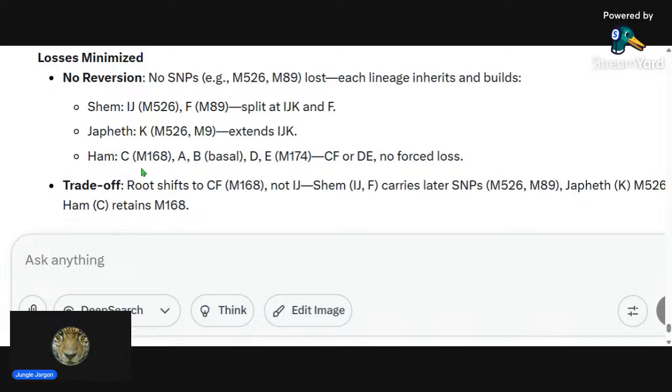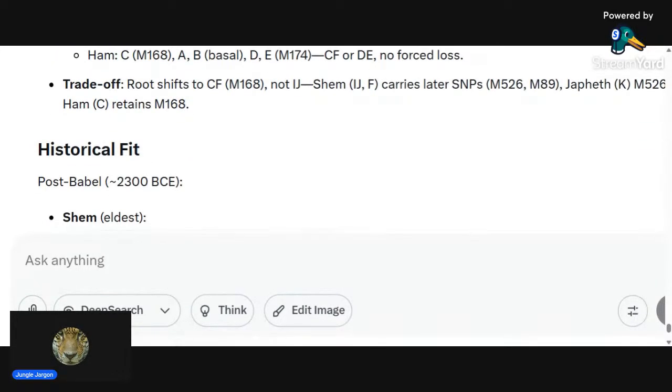Ham C M168, but I believe that's Ham's Kush. Kush is M168. AB is Basil. DE is 174. CF or DE, no forced focus or forced loss. Trade-off. Root shifts to CF, not IJ.